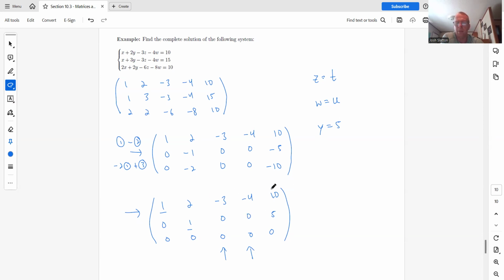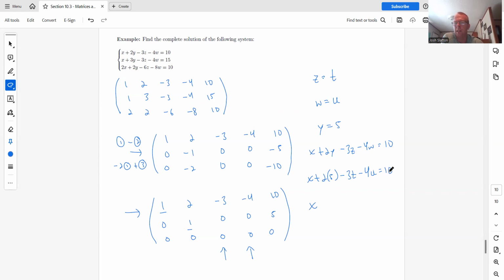And then the top row we have x plus 2y minus 3z minus 4w equals 10. Y is 5. Y is always 5 in this case. And then z is t, w is u. And let's just get x by itself.